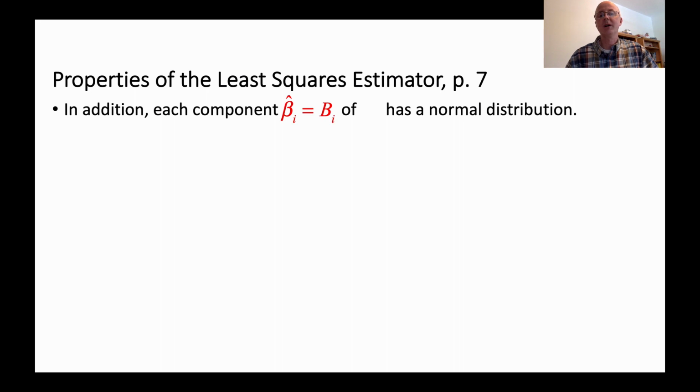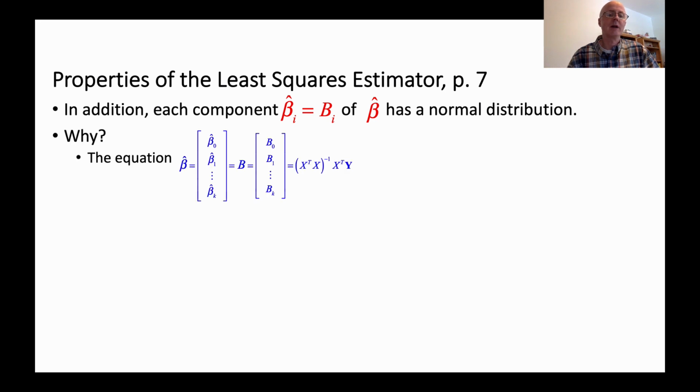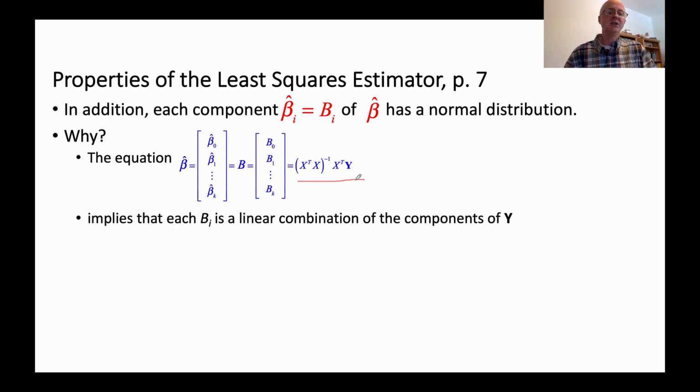In addition, each component of this estimator, beta i hat, which we also call capital B i, of beta hat, the beta i and B i are scalars, has a normal distribution because of our assumptions. We assume the errors, the e i's, had normal distributions, therefore the y i's have normal distributions, and this equation, solving the normal equations this way in the abstract, implies that each B i, beta i hat also, is a linear combination of the components of y.